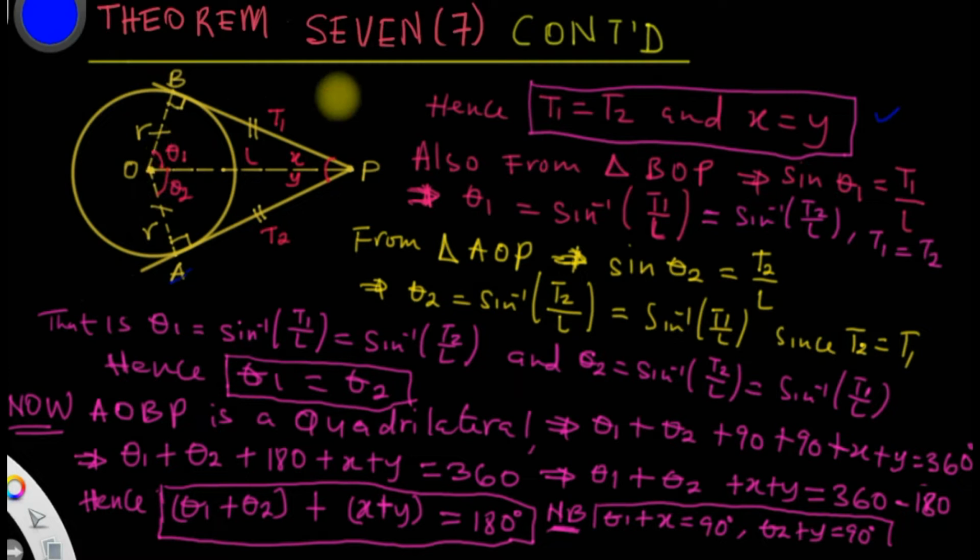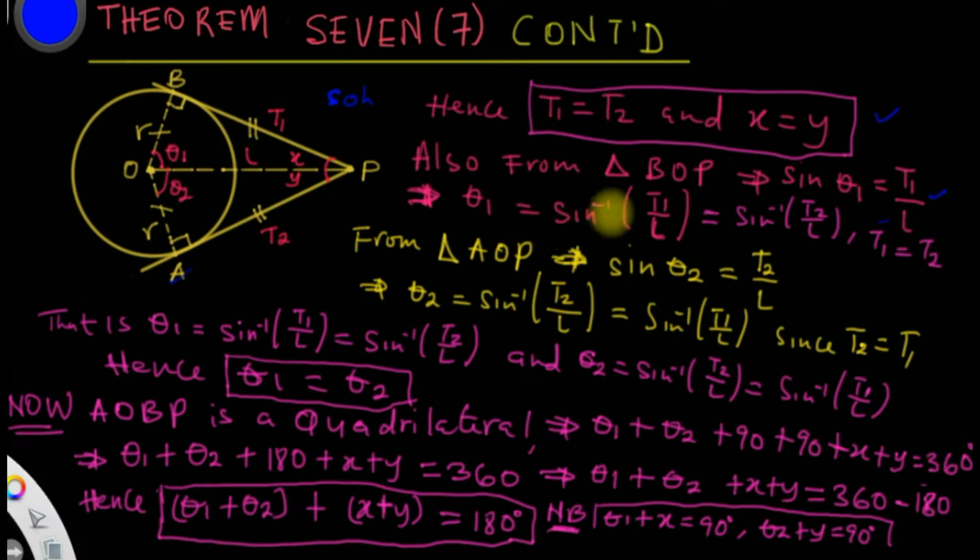Sine is opposite over hypotenuse. The side of the triangle facing the angle is T1, and the hypotenuse is L. So from triangle BOP, sin theta 1 is equal to T1 over L.